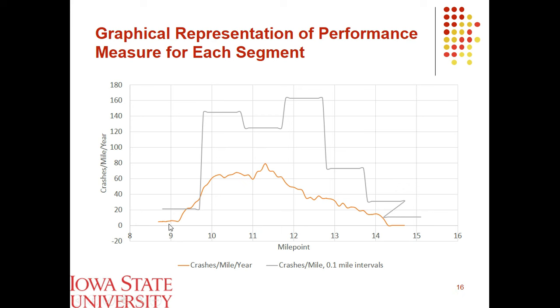We can see if we were to plot the trend in crashes per mile per year, so we're looking at from each mile point a half mile in each direction, we can see that this kind of lags behind slightly what we're seeing with the highest point. But again, this is to do with the fact that we're ranking a stationary 1 mile segment based on its most hazardous tenth of a mile.